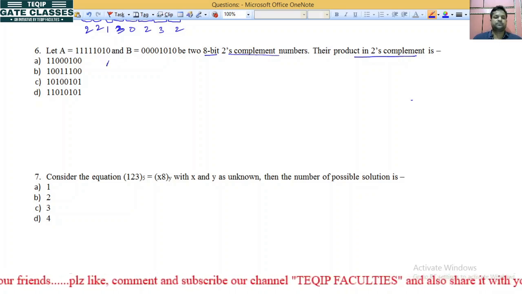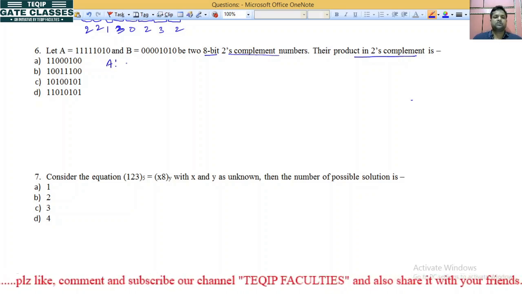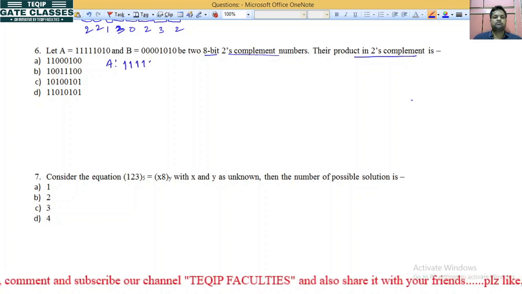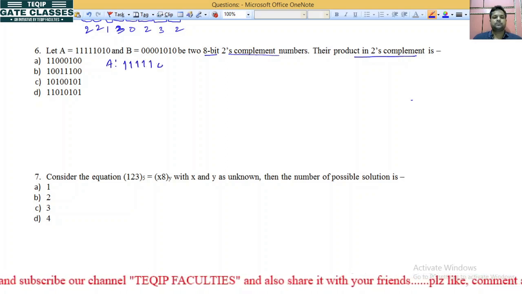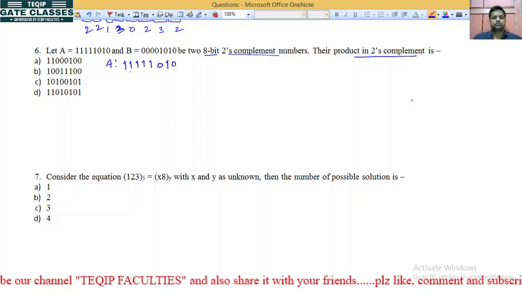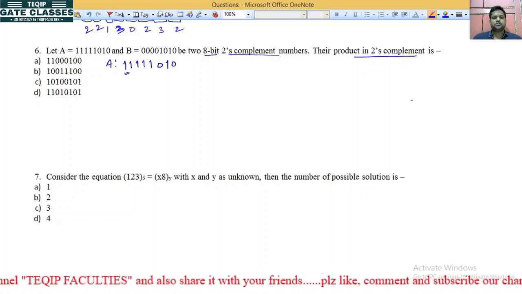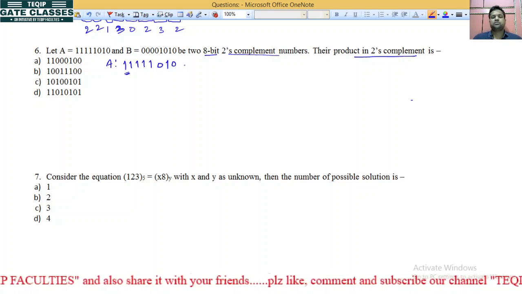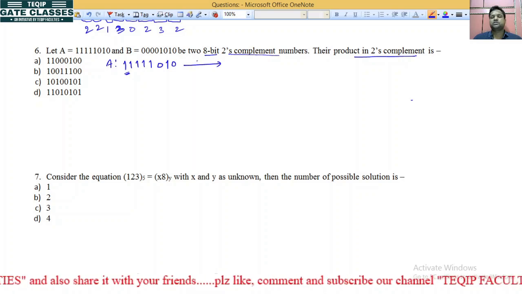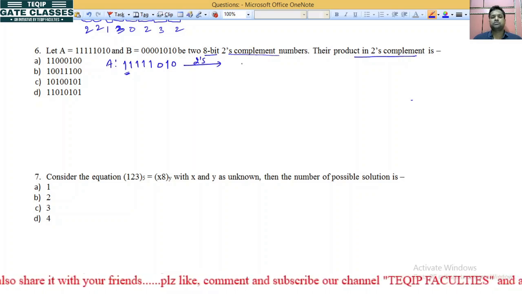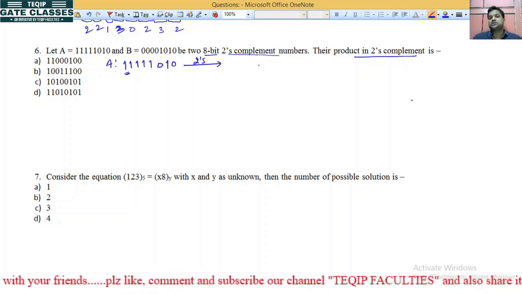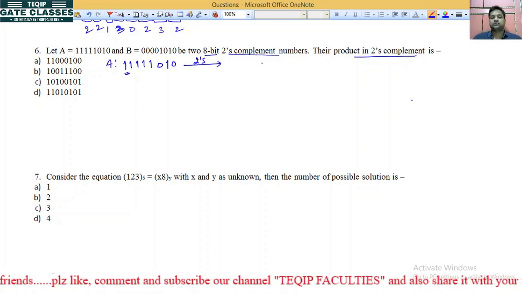First of all, convert this in decimal. So it will be 1 1 1 1 1 0 1 0. Since the MSB is 1, the number is negative.